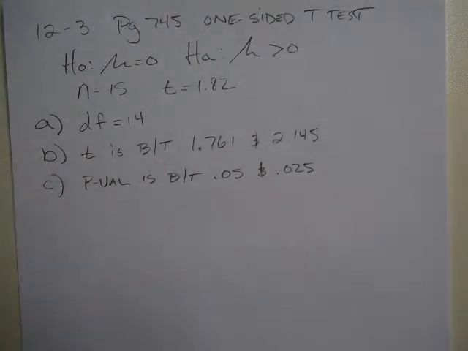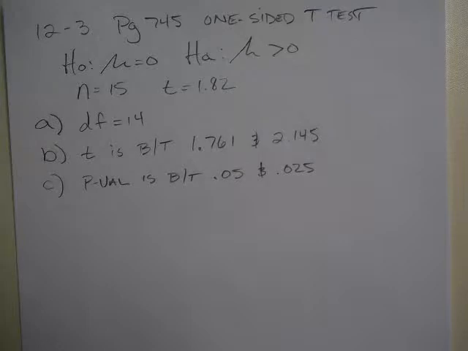And D said, is the t-value, 1.82, significant at the 5% level? So we're saying that the p-value is between 5% and 2.5%. So if we set alpha at 5%, would this t-value be significant? Is p less than alpha?